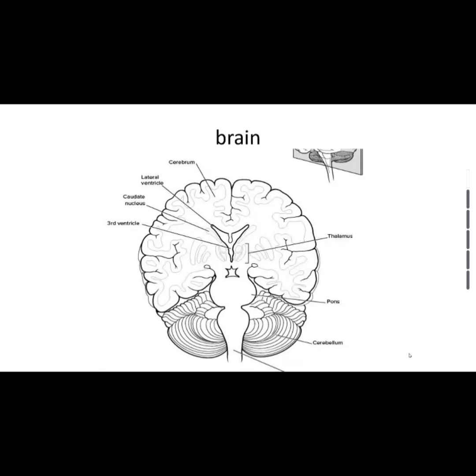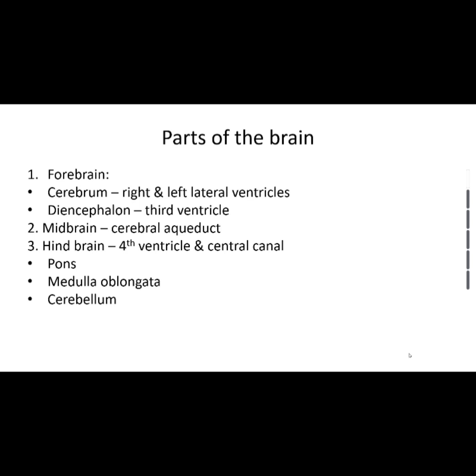So looking at the brain, you can divide it into the forebrain, which includes the cerebrum, which I've already mentioned. Within the brain there are some cavities that we call ventricles. In the cerebrum, we have the right and the left ventricle, and within these ventricles is the CSF, cerebrospinal fluid.